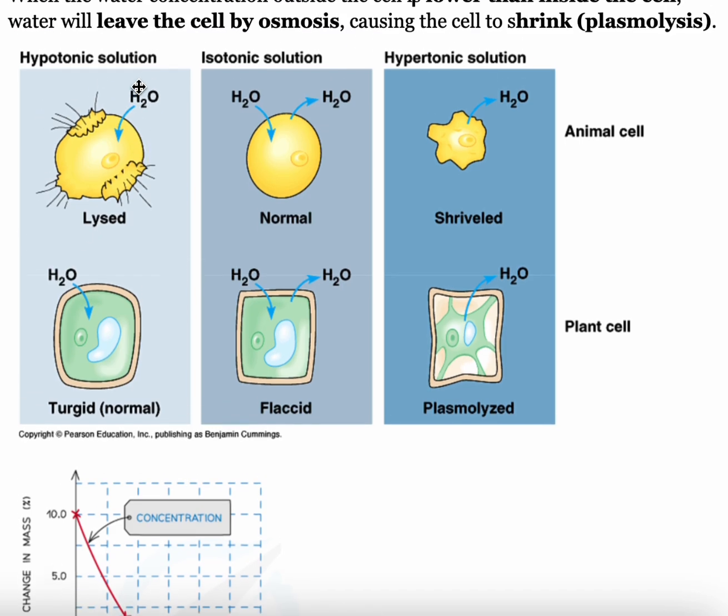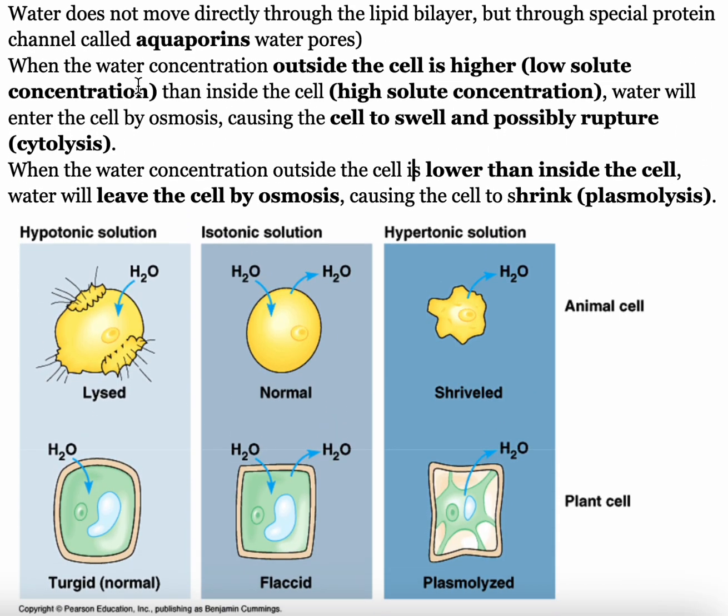So basically, as you can see here, this is normal, this is flaccid, and this is plasmolyzed.